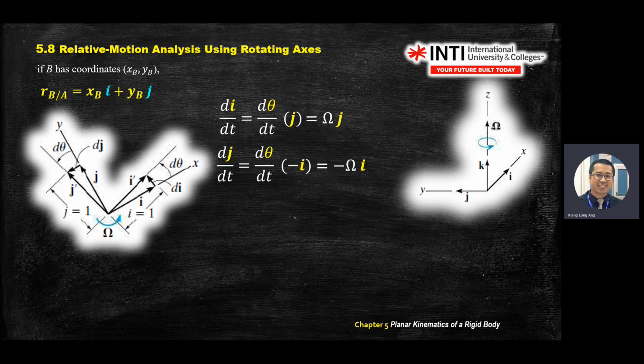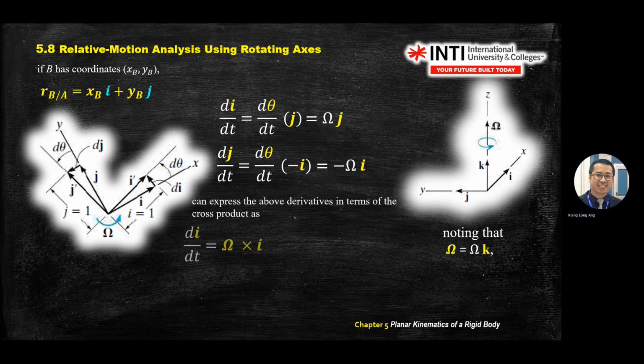So here we get di equal to omega cross I. What about your j? Your dj is omega cross j.